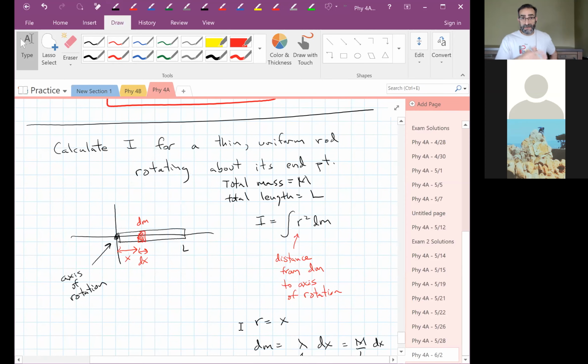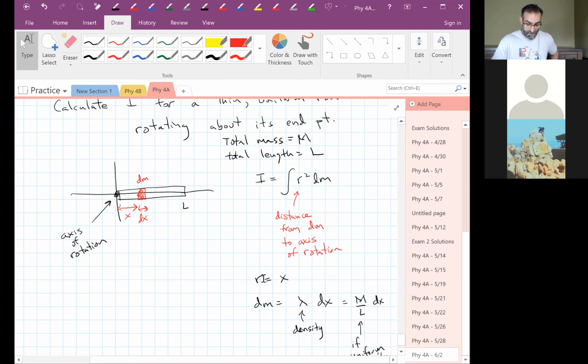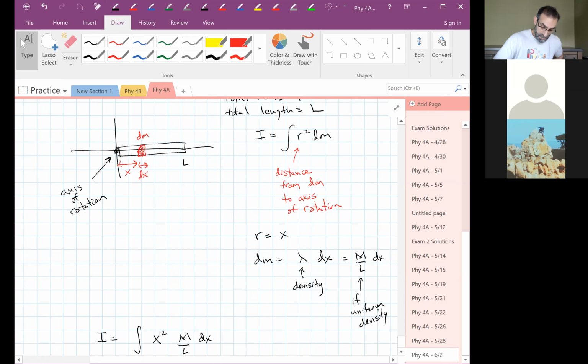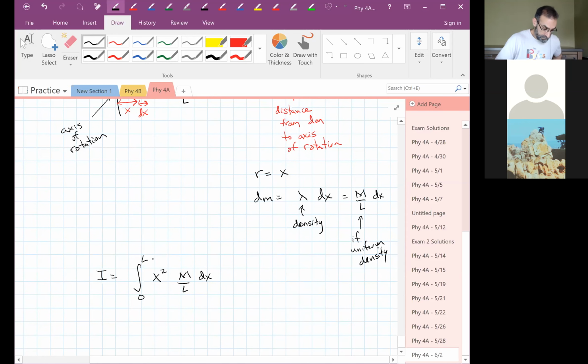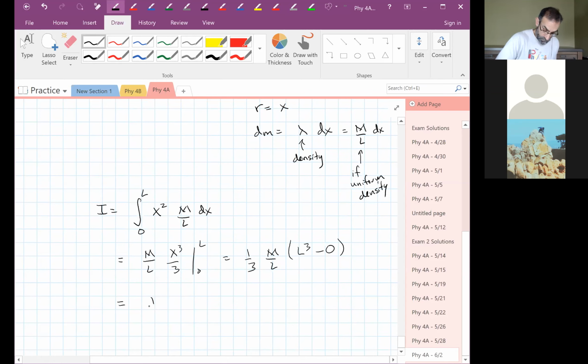And this rod is located between 0 and L. We're integrating from 0 to L. We get one third m L squared.